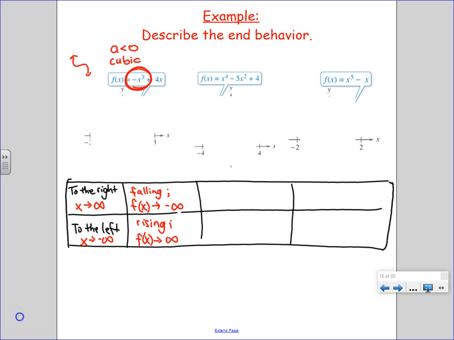What's the most important part of the second function? What's A? True. And so it's positive, right? And then what kind of function? Quartic, which means a degree of 4, an even degree.